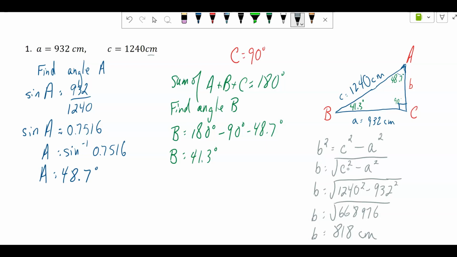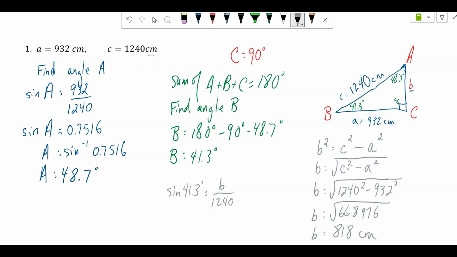Alternatively, we could have found B using a sine function. The opposite of B is the unknown, so B over the hypotenuse, 1240, is the sine of B, which is 41.3.